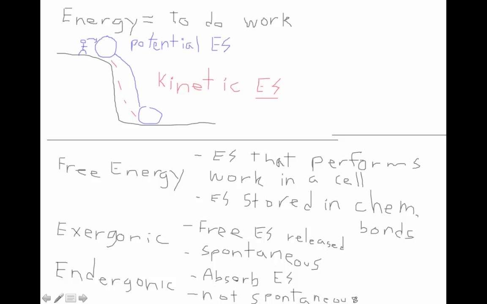And this is several pages in your textbook, but really this is what you need to know when we're thinking about free energy and exergonic versus endergonic reactions, as well as potential and kinetic energy. And really, what we said on this page is if you get this, you get most of this part of the chapter.